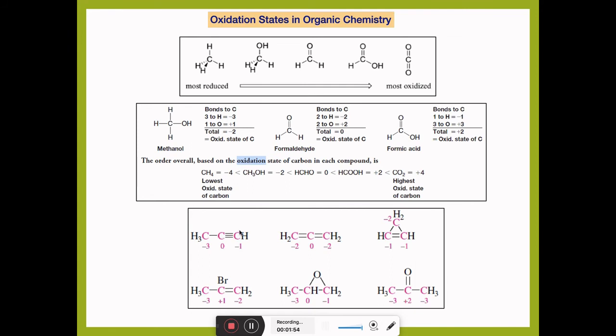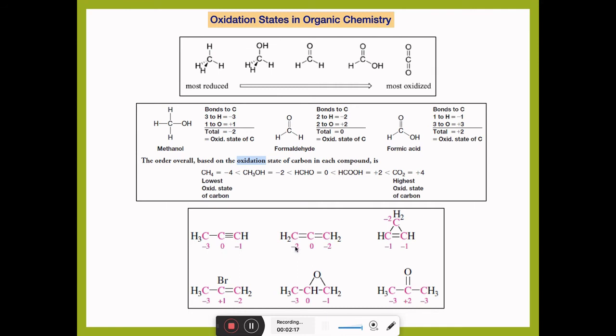Now let us see some examples. You can see the acetylene molecule, a terminal alkyne. In that, the CH3 with the 3 hydrogens contributes minus 3, and 1 hydrogen contributes minus 1 to this carbon, and 0 hydrogen contributes a 0 oxidation state.